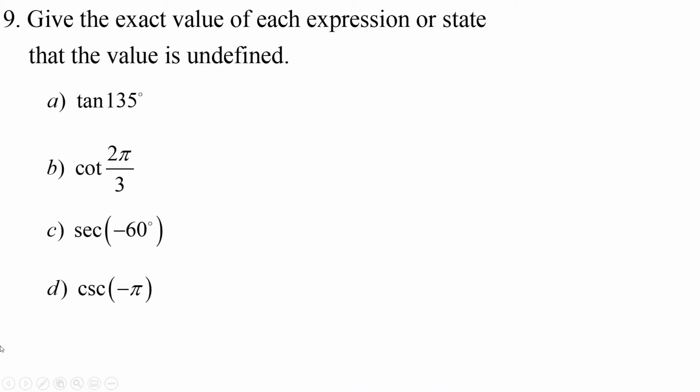Number 9. Give the exact value of each expression or state that the value is undefined. So again, exact values, we can't just punch these out on our calculator. So, tangent of 135 degrees. Well, I don't know exactly what tangent of 135 degrees is, but I do have my reciprocal relationships.